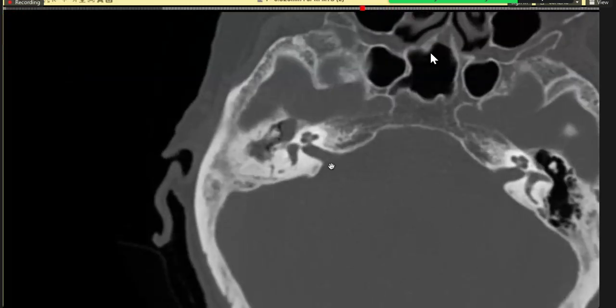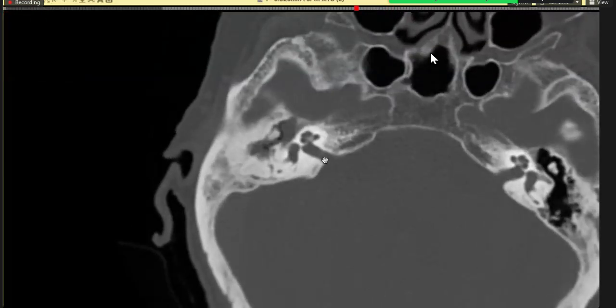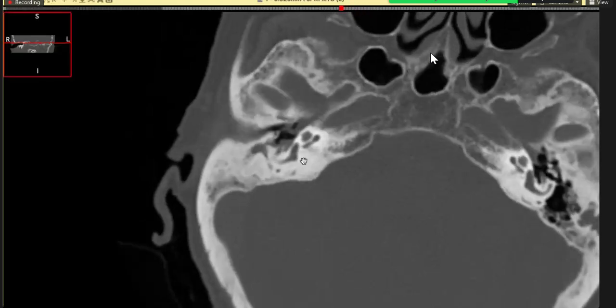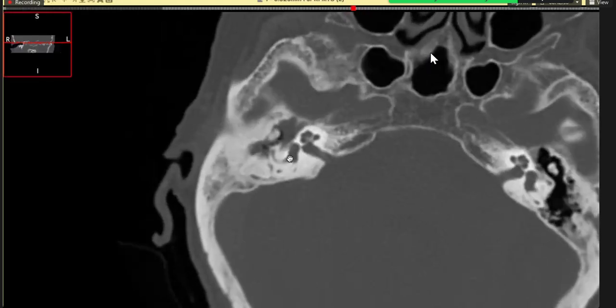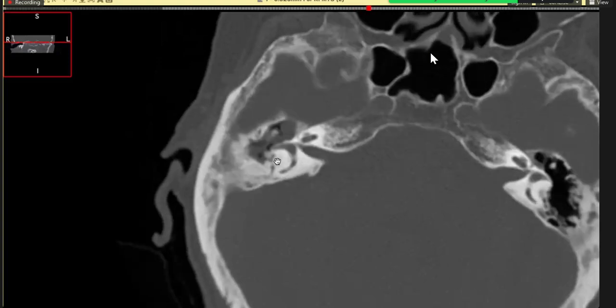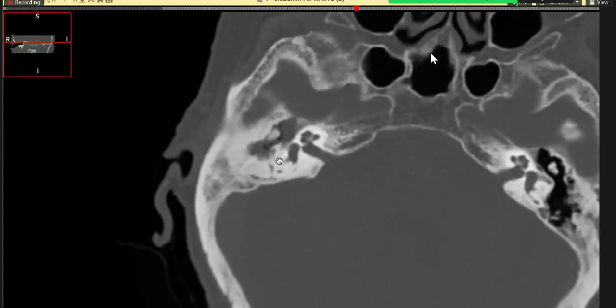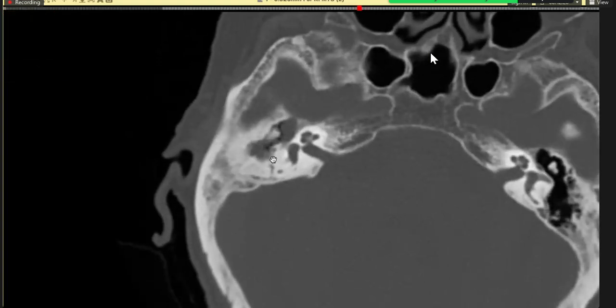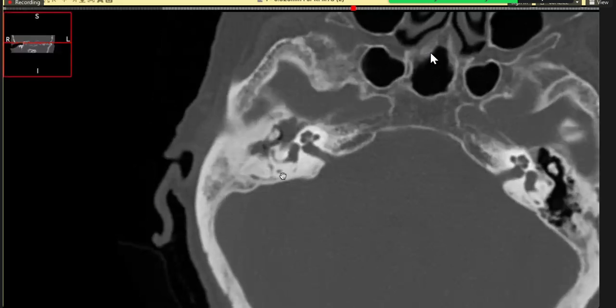Orientation wise, this is the IAM, internal auditory meatus. This is the cochlea, and now this is the lateral semicircular canal. Where my mouse is, you can see the lateral semicircular canal, and even on this axial where I am pointing out, there is suspicion as if this bone here is missing.